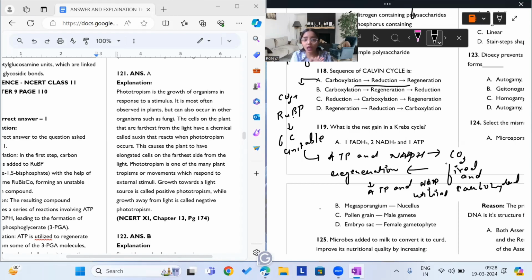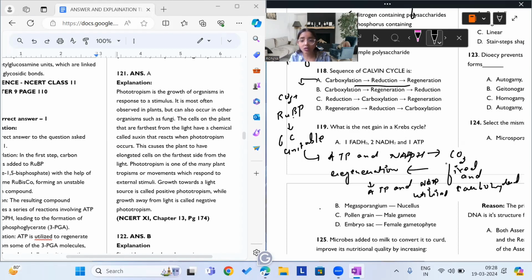So in carboxylation, carbon dioxide combines with RuBP to form 6-carbon unstable compound, which undergoes reduction and uses ATP and NADPH and gets fixed and forms a carbohydrate. After that, there is regeneration occurring.